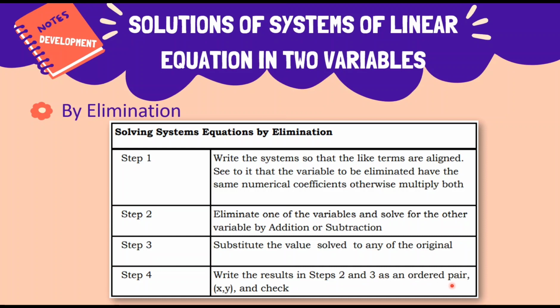Ordered pair, x and y. And syempre, maganda kung i-check natin. So, paano ba natin i-check? We need to substitute the values of our x and y to the two original equation. So, kapag nag-equal yun, therefore, our solution set is correct.